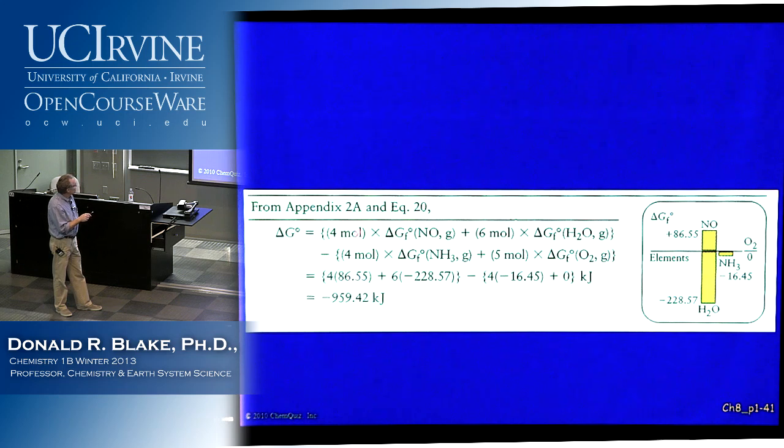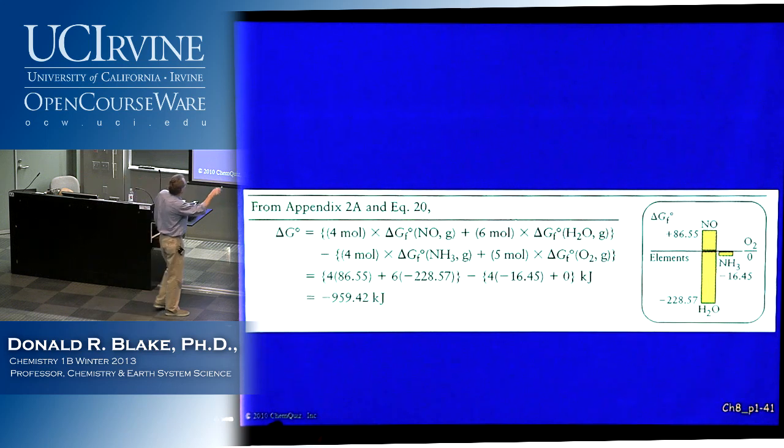So the table says that for NO, 86.55 is the delta G of formation. The delta G of formation for H2O is minus 228.57, minus the delta G of formation for NH3 is minus 16.45, and there is no delta G of formation for oxygen because it's free.